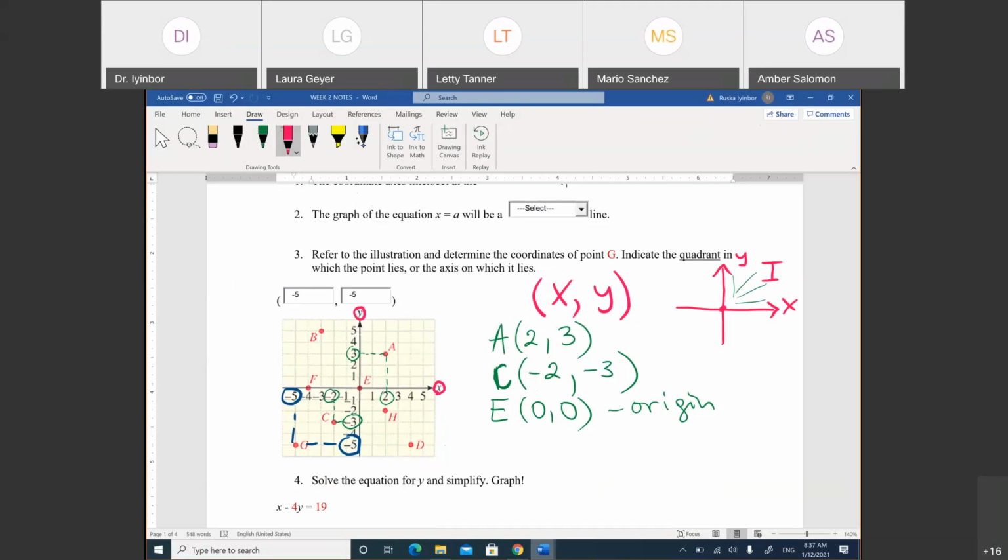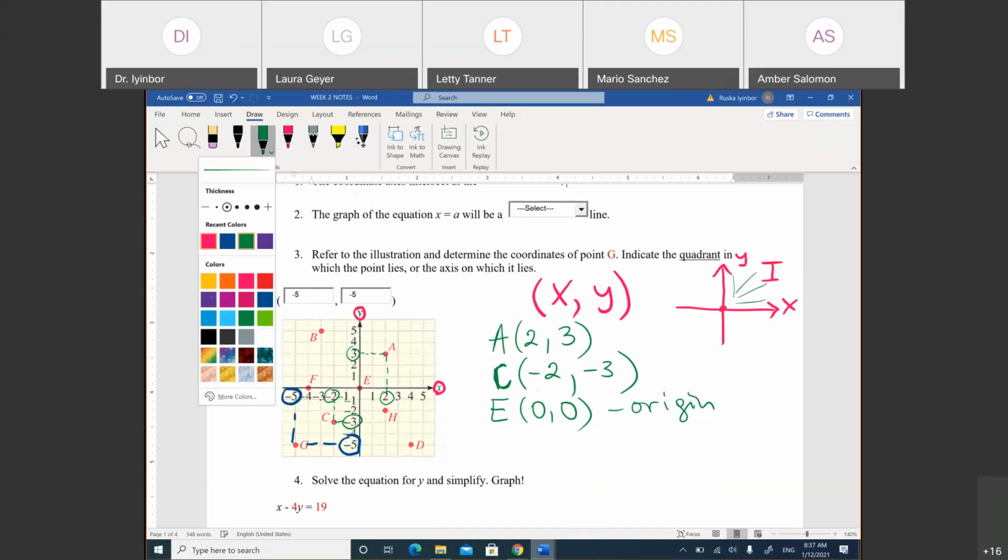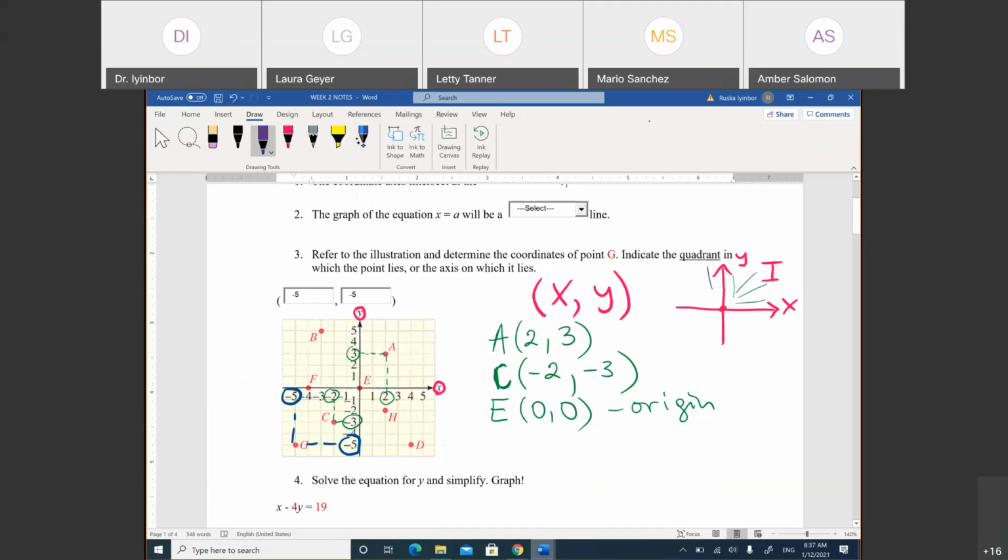The area over here is called second quadrant. And then you have third quadrant and fourth quadrant, the same way. So you have first, second, third, fourth going counterclockwise. Okay? So these are the quadrants. These are the 4 pieces divided from the x-axis and the y-axis. Make sense?